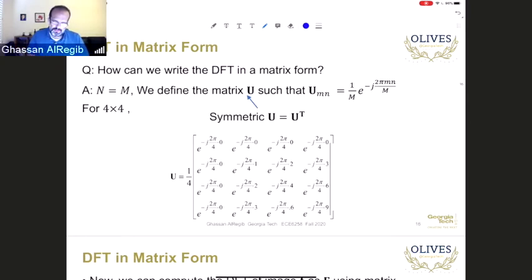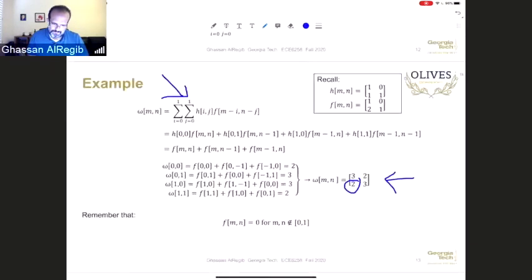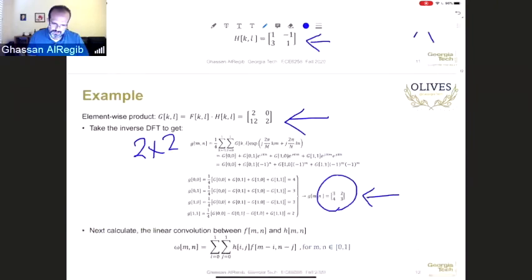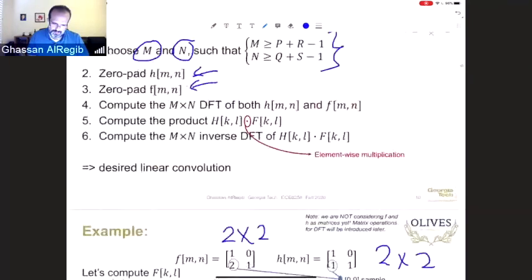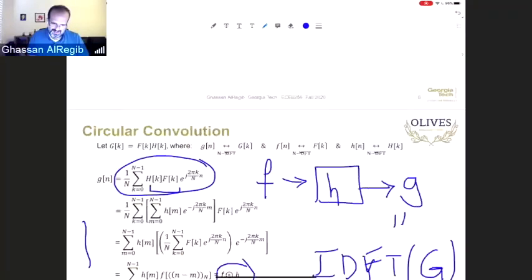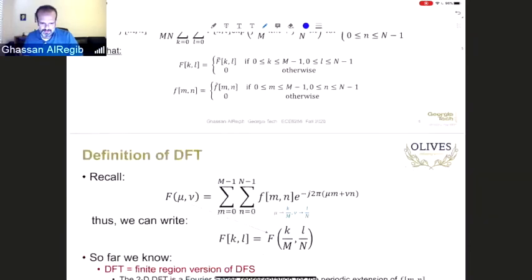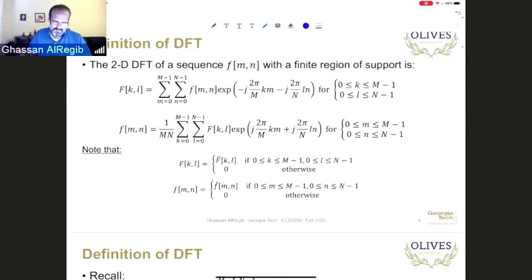if you look at the definition of the DFT, take this one here. Look at the definition of DFT. So the double summation, and then you have your F, which is your data. But if you look at these complex exponents, these define your basis functions.